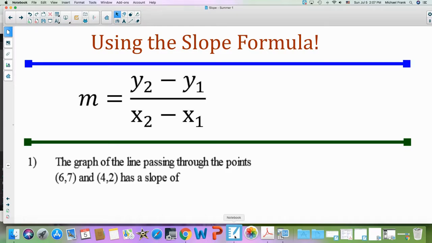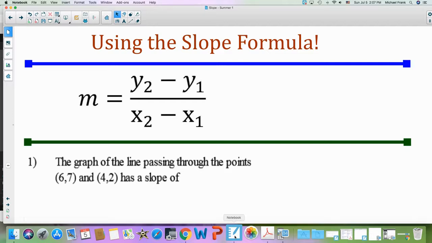Now, why do we have this little 2 and this little 1 and a little 2 and a little 1 under the x's and the y's? Well, those are known as subscripts. Those help us know the difference between the first and the second y values and the first and second x values.